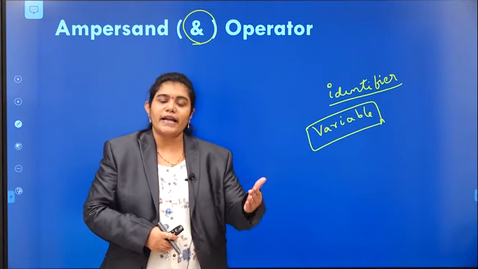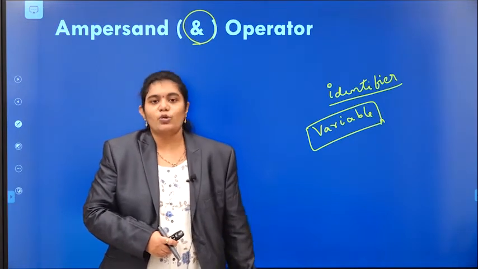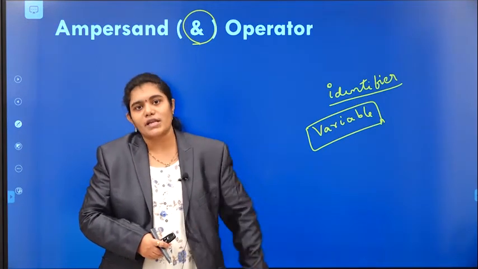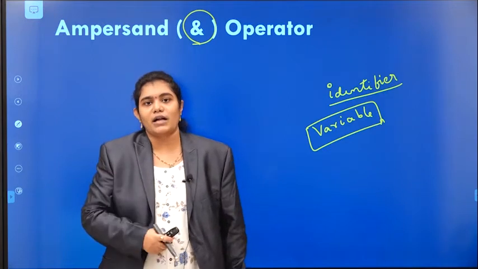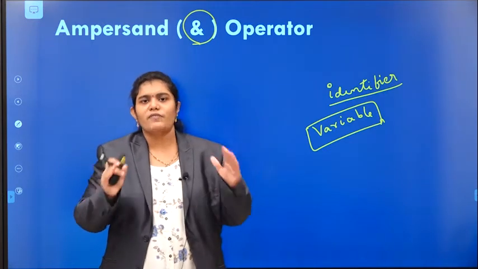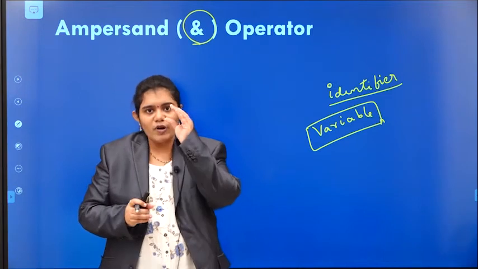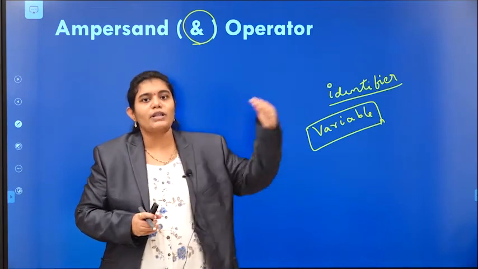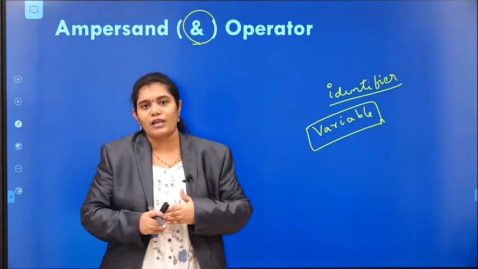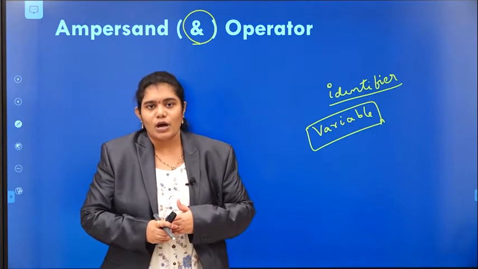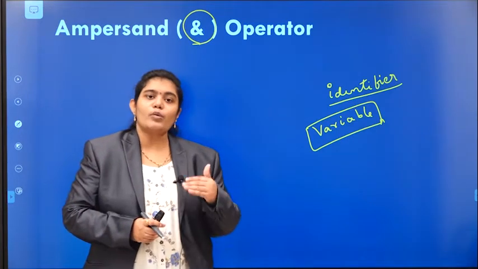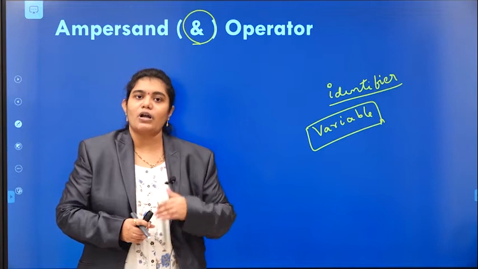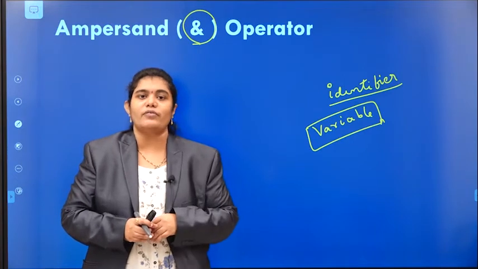Like you created an integer variable a, a character variable result, an integer variable marks. For all these variables we have an address. With the help of that address only you can store the value or get the value from the memory location. So how can you know the address of a variable?